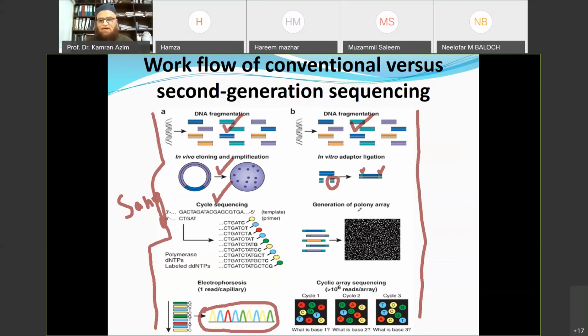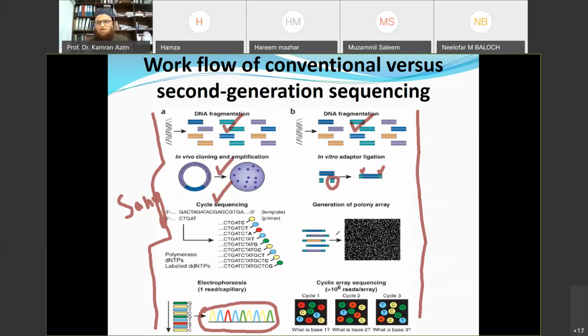After that, these adapter molecules are attached to a glass flow chip, and then the sequencing is carried out and determined by image processing, capturing images with a modern CCD camera. The signal from the CCD camera capture is then converted into the nucleotide sequence.